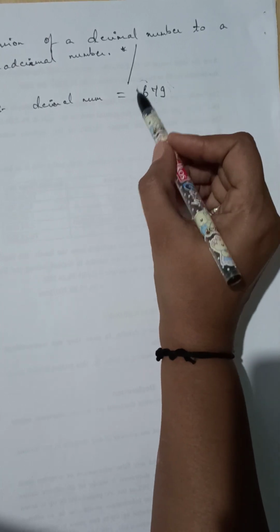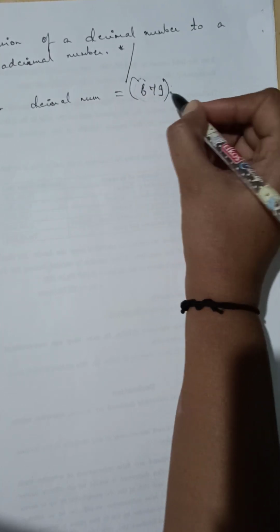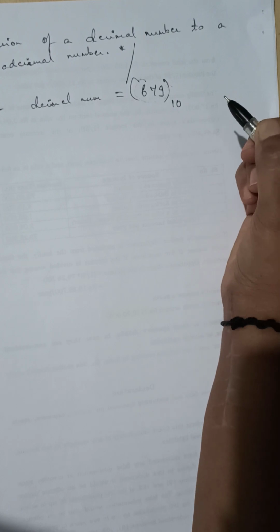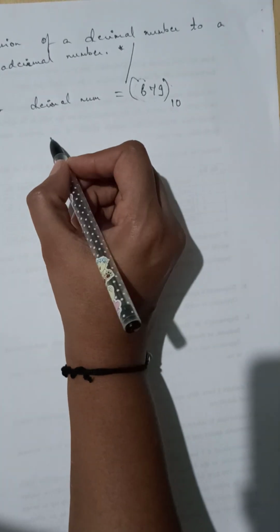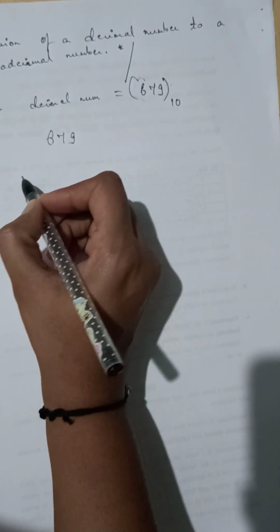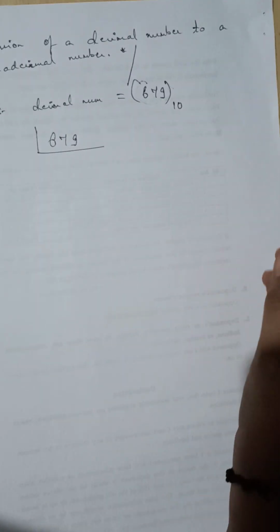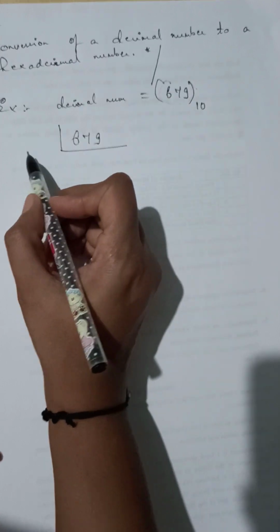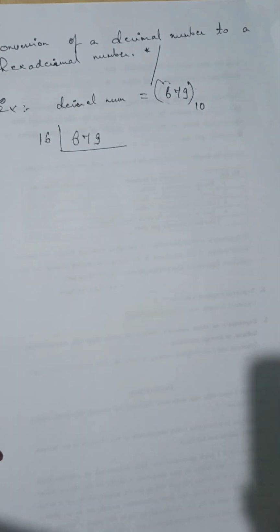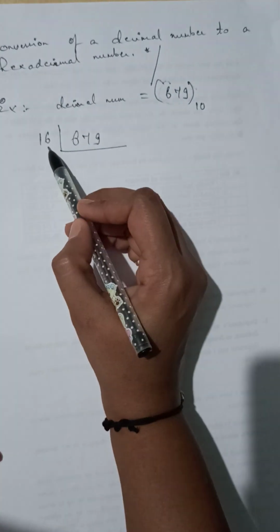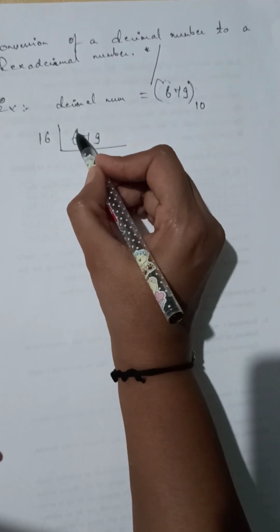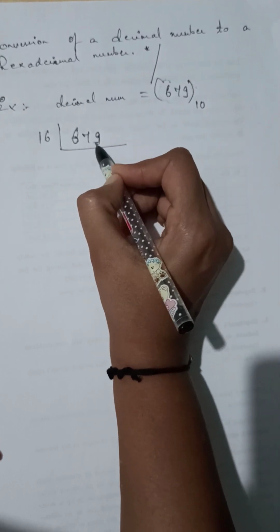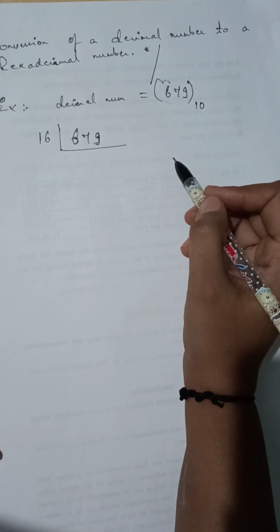So this is our decimal number 679 and the base is 10. So how do we convert 679? First step is we have to take the base of the hexadecimal number. So what is the base of the hexadecimal number? It is 16. So now you have to divide 679 by 16.